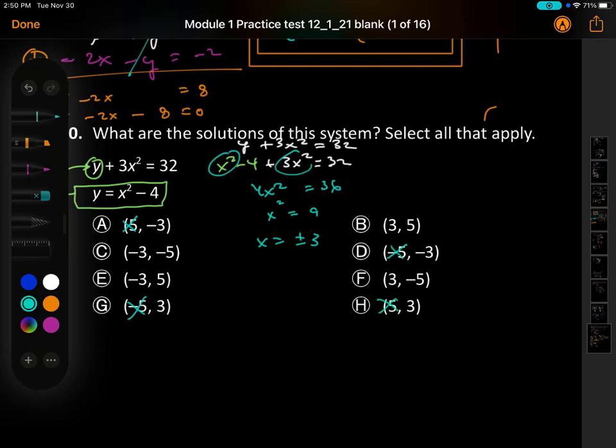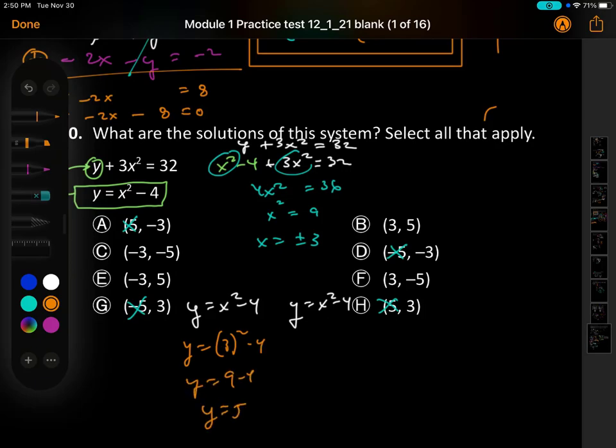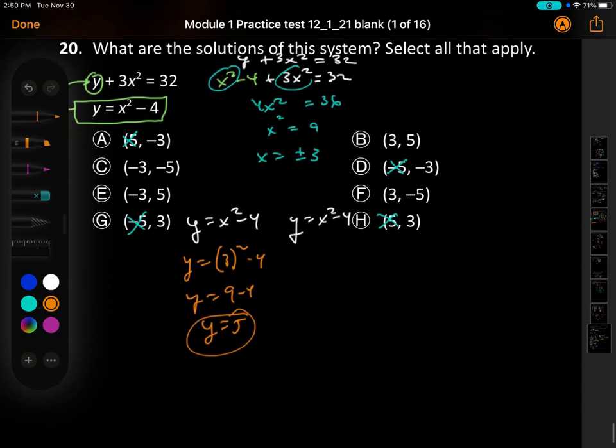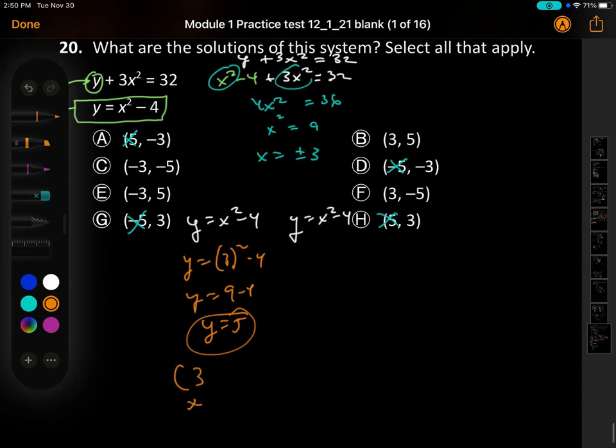So let's test it. I'm probably going to use this y equals x squared minus 4. And let's test one that is positive. So I got 5. Basically, it means I put in 3 for x and I got 5 for y.